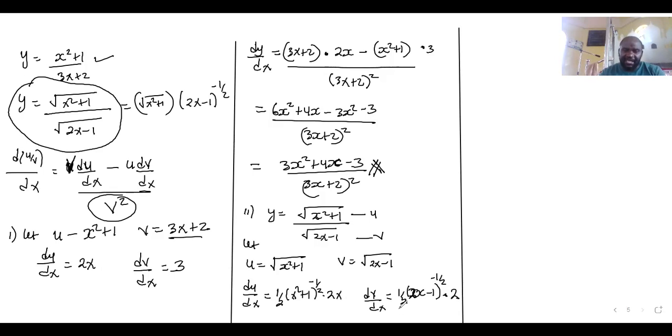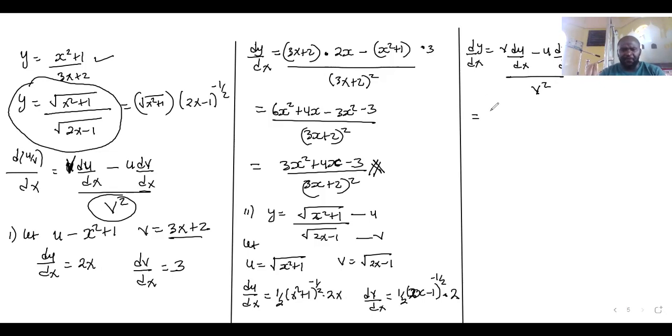Now you have the dv/dx and the du/dx. What does the definition say for fractions? dy/dx is v du/dx minus u dv/dx, divided by v squared.